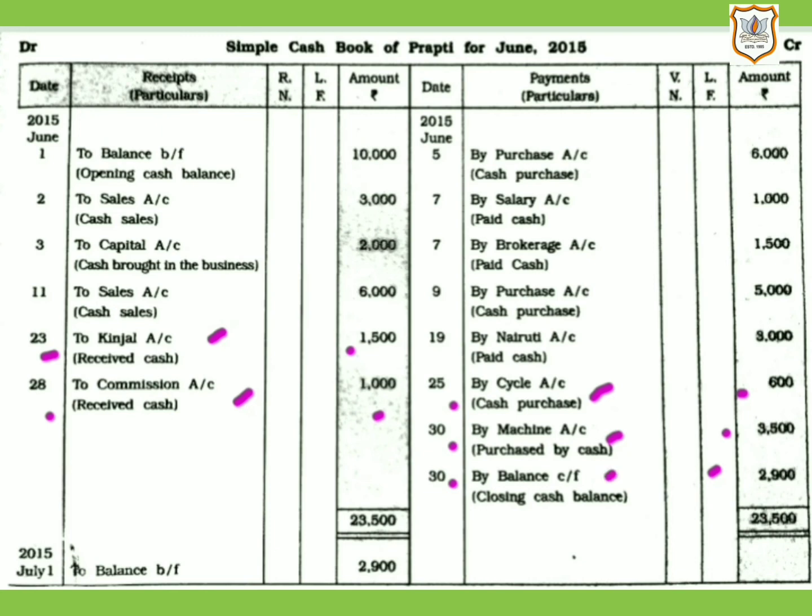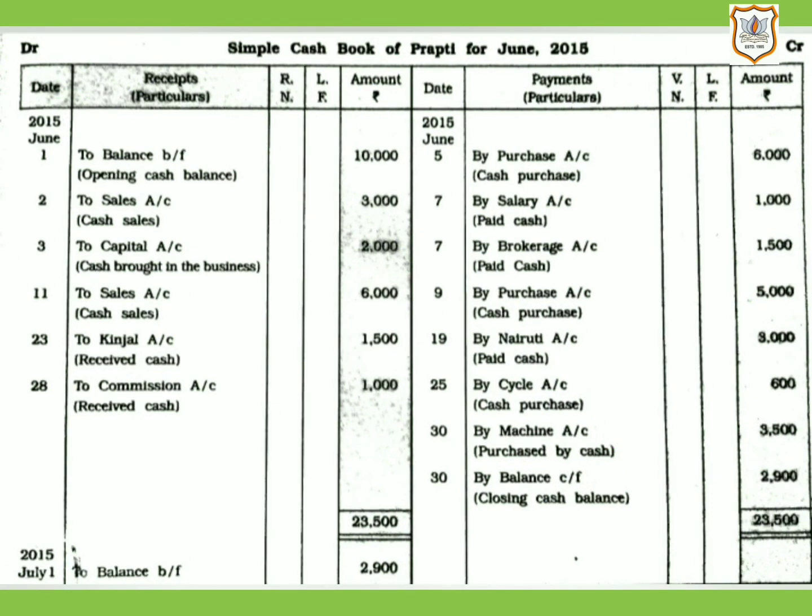This is the closing cash balance. So how are we going to find it out? Here first we total the amount of the debit side and total the amount of the credit side. And now we will enter the bigger total on both the columns opposite to one another.